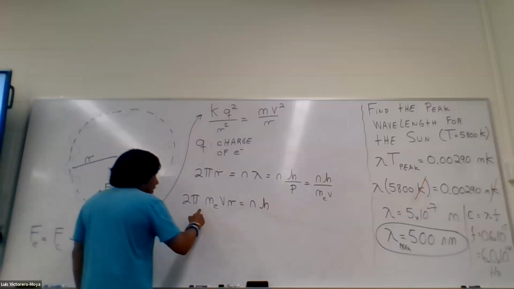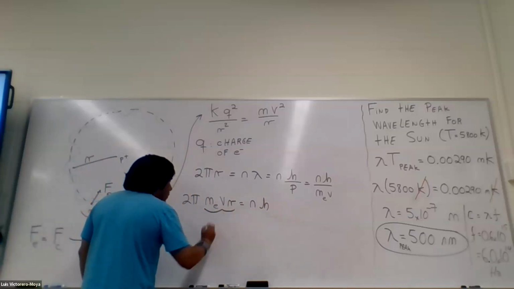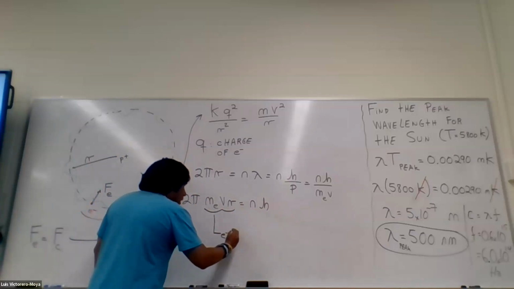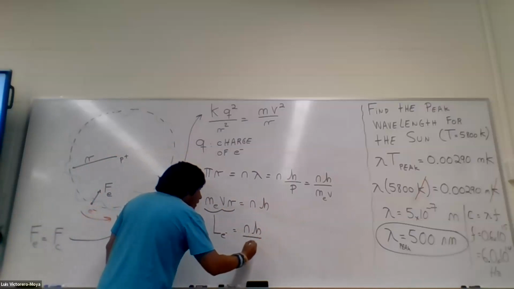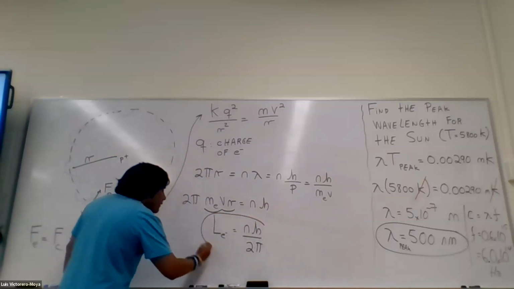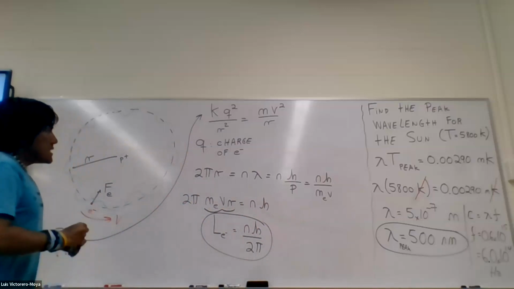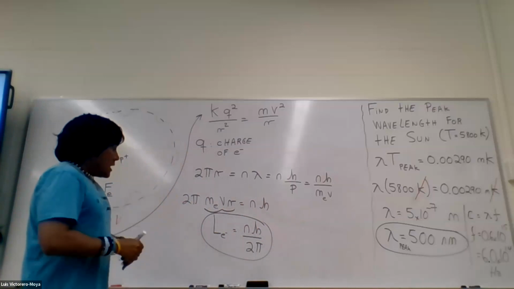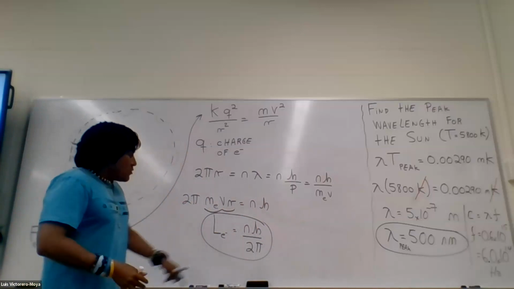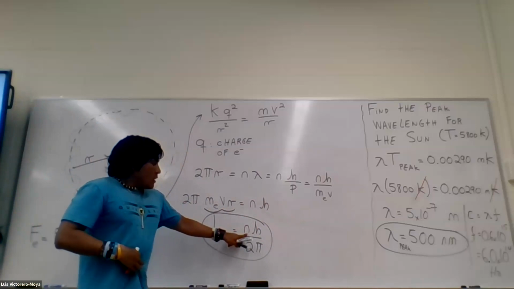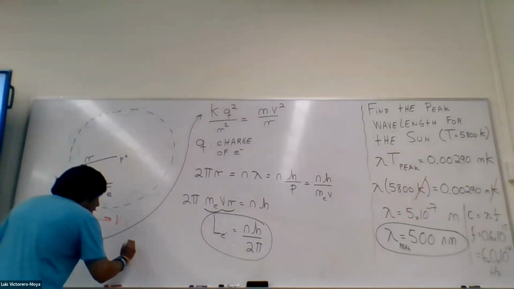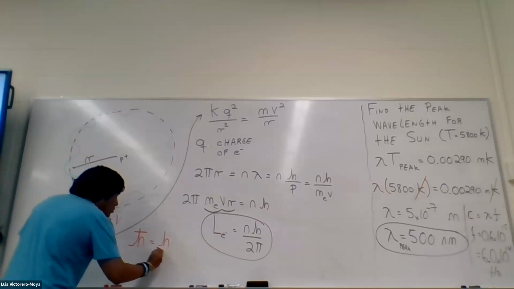And on the slide, they tell you that this is the angular momentum of the electron, capital L of the electron, equal to n h over 2 pi. So that's our first result. If you didn't know, well, there you are. So the angular momentum depends on the first quantum number, h over 2 pi, which at the end, in some textbooks, they call h bar equals h over 2 pi.